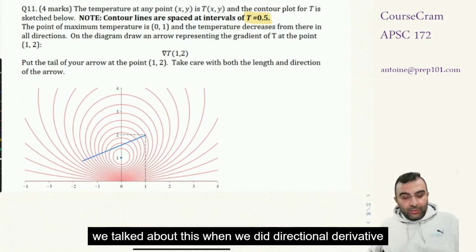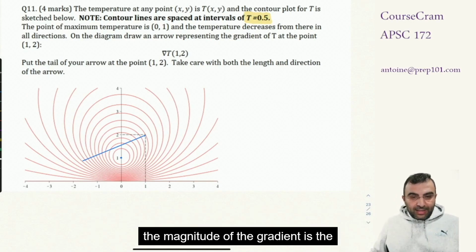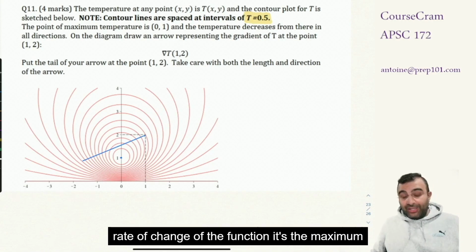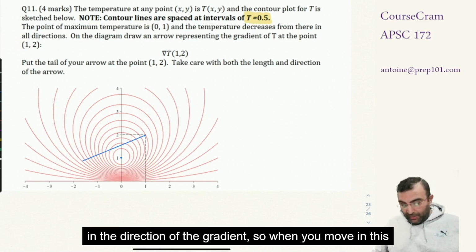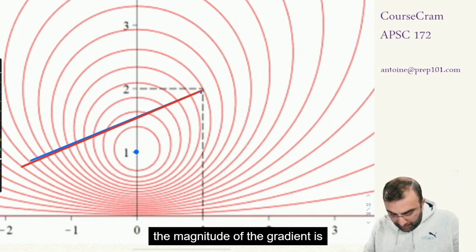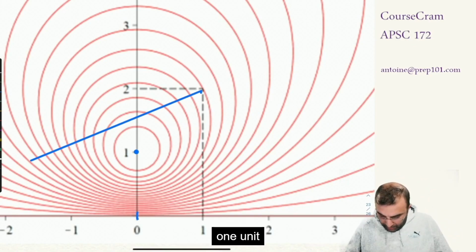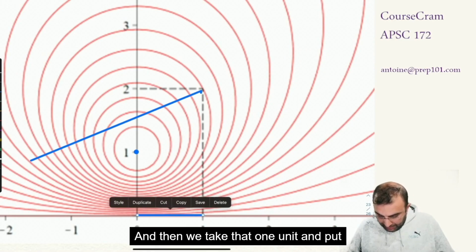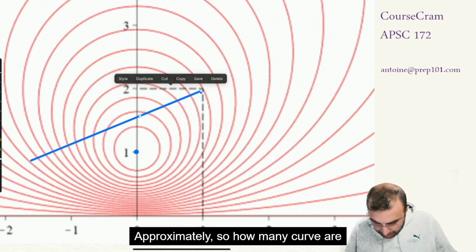Remember, we talked about this when we did directional derivative. The magnitude of the gradient is the rate of change of the function. It's the maximum rate of change of the function when you move in the direction of the gradient. So when you move in this direction, the magnitude of the gradient is the rate of change. So basically, we pick 1 unit, and then we take that 1 unit and put it here, approximately.